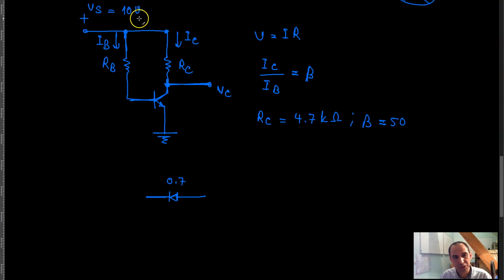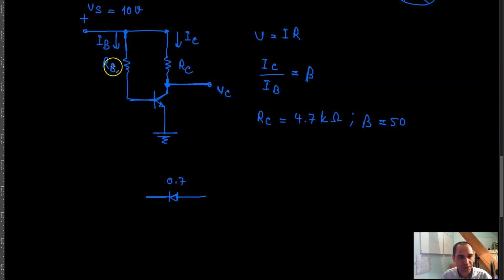But in case your power supply voltage is greater than or equal to 10 volts, for example, then you can basically ignore all of these voltage drops of 0.7 volts across all of these junctions, because it's just not important.